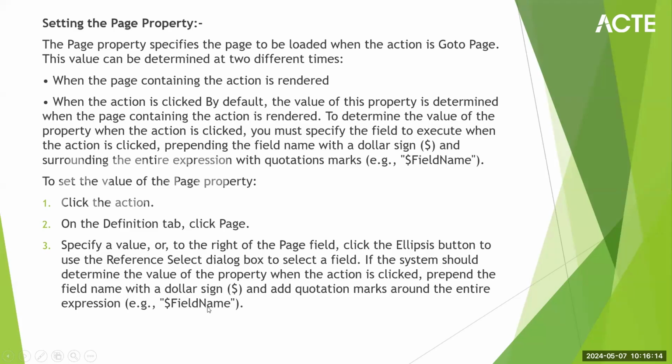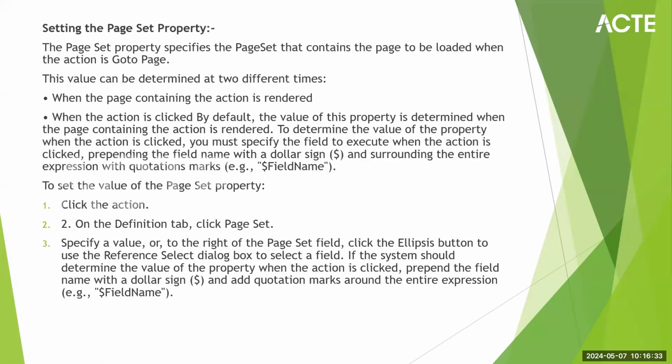For example, if my button is Duck Creek Training, I'll give dollar and Duck Creek Training. This dollar sign is used to perform actions or to navigate to that particular page.